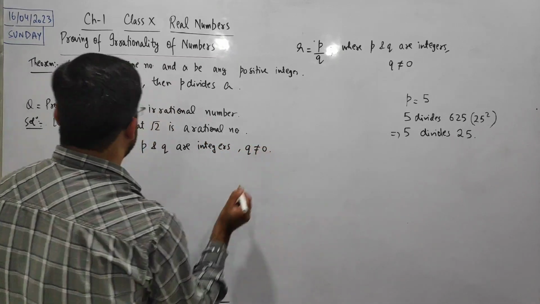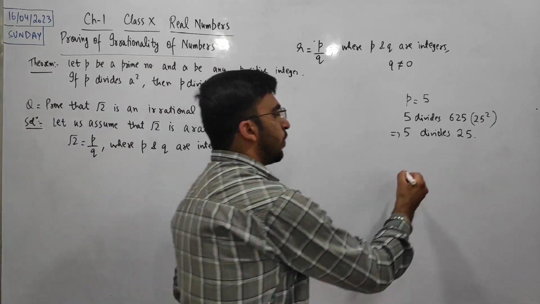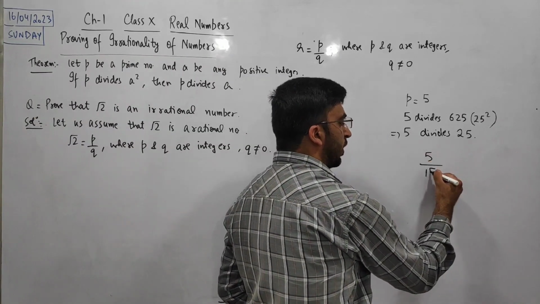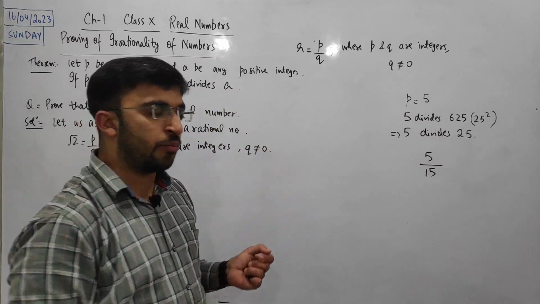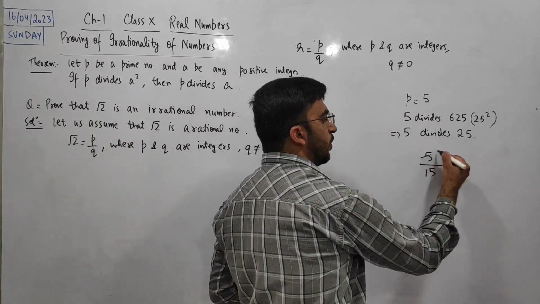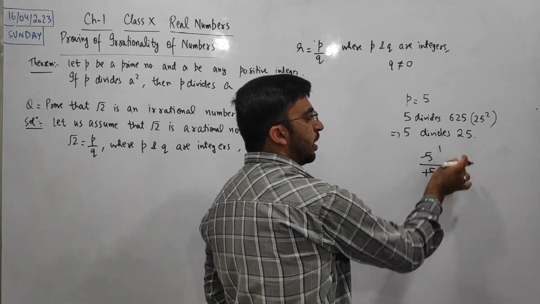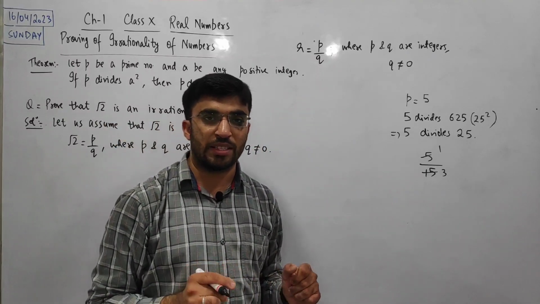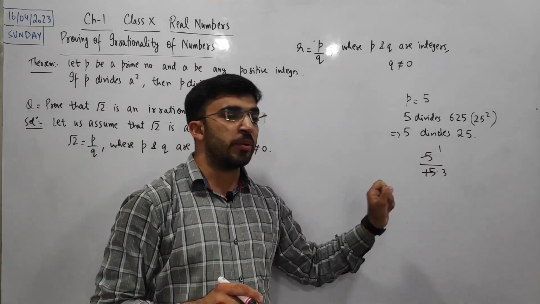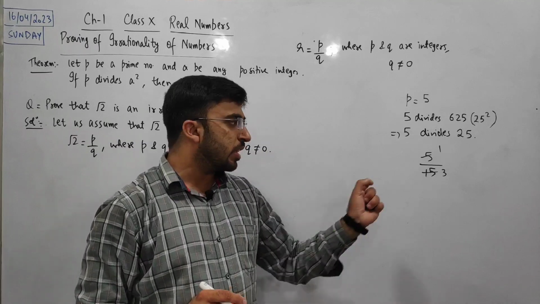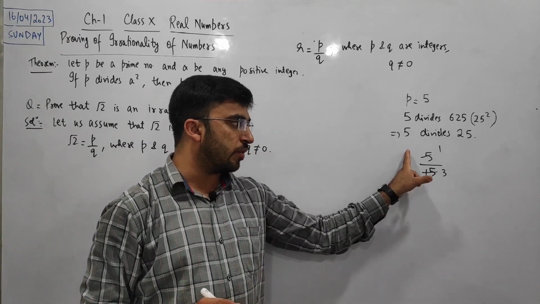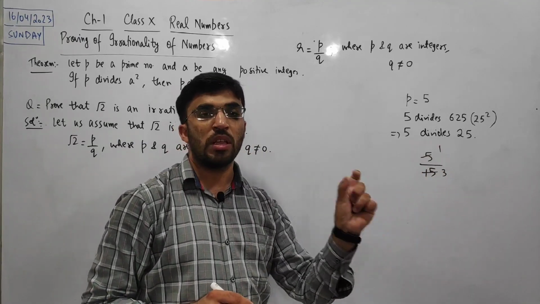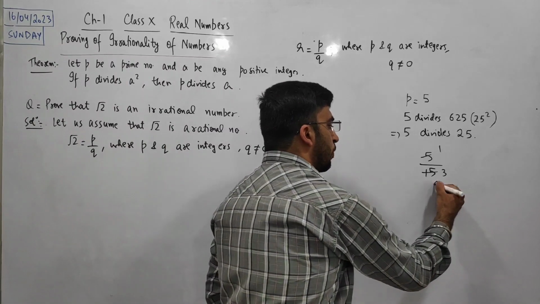One more thing: suppose we have a fraction, 5 upon 15. Can we not cancel it further? It can be 1 upon 3. And what about 1 and 3? They cannot be cancelled out further. So 1 and 3 are called co-prime numbers. If we convert the fraction into the simplest form, the numbers we get are co-prime numbers.